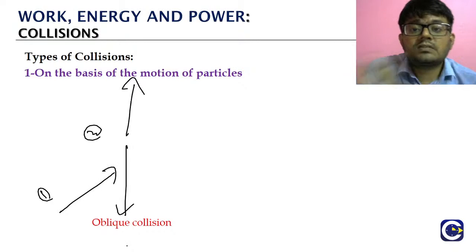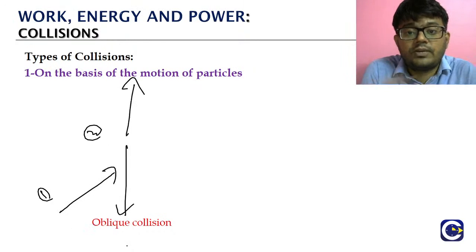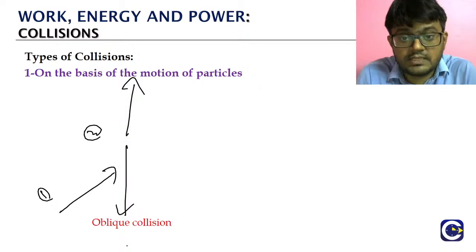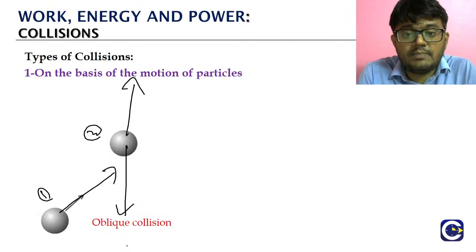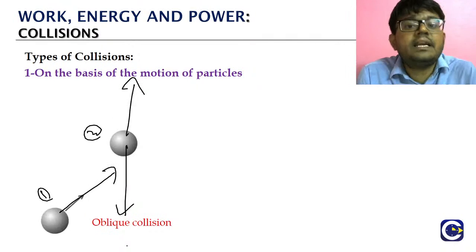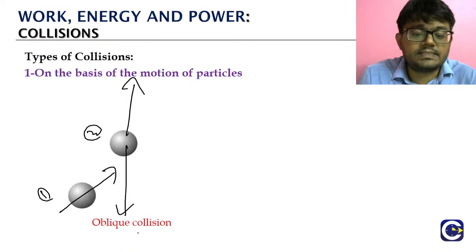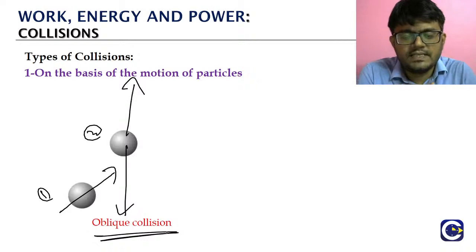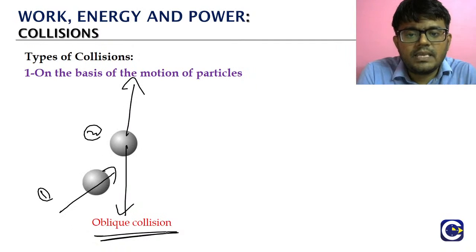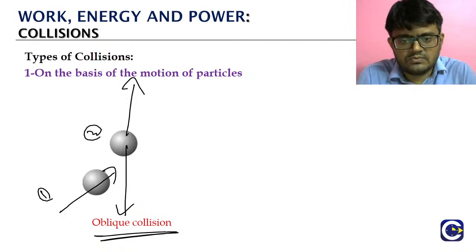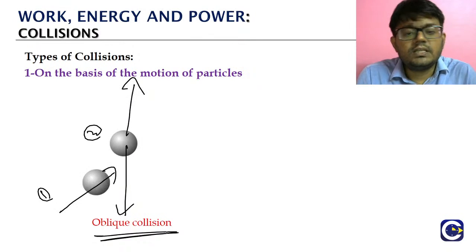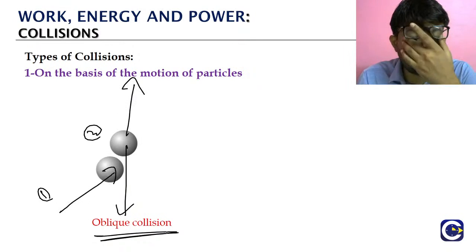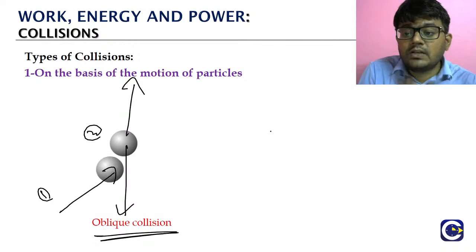So here the velocities of the particles are not confined to a single line. They may be in a plane or they may even be in a 3-dimensional space. Such collisions we call oblique collisions, meaning the velocities will be making an angle with respect to each other.